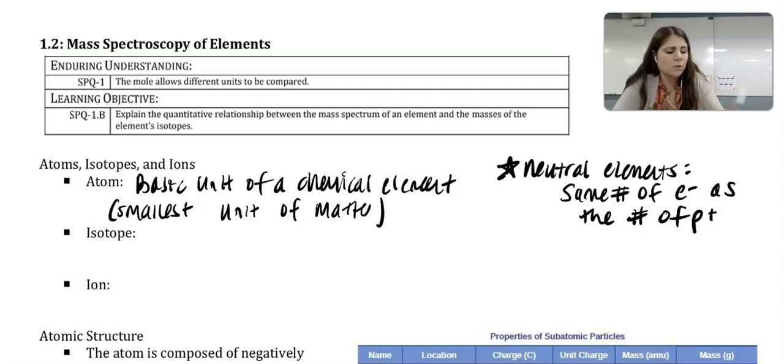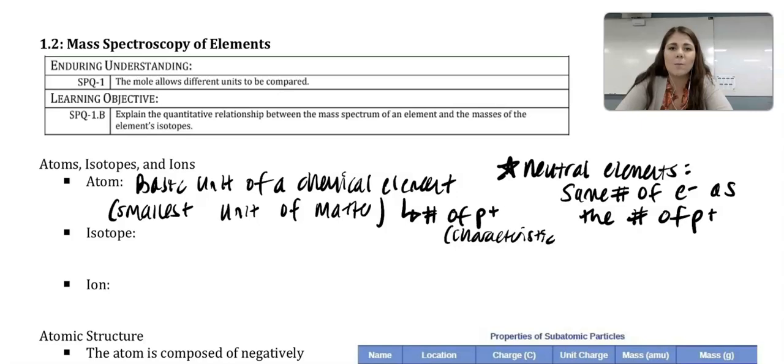But when it comes to protons, it's going to be a characteristic for an element. So the number of protons an element has will be a characteristic. And that comes to looking at the atomic number, so that number that's associated with each element. So for example, carbon has an atomic number of 6, so it has 6 protons.